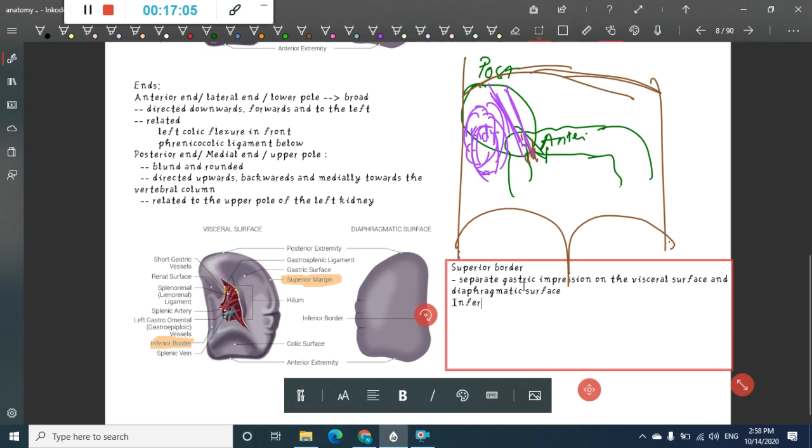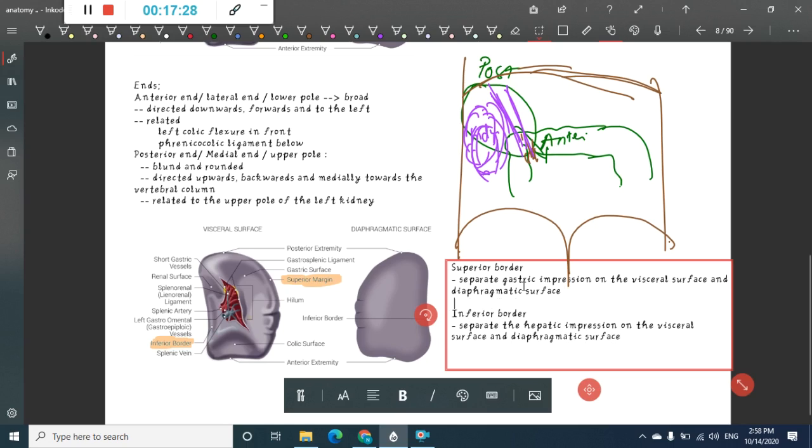Whereas the inferior border, it will mainly separate the hepatic impression on the visceral surface and the diaphragmatic surface.